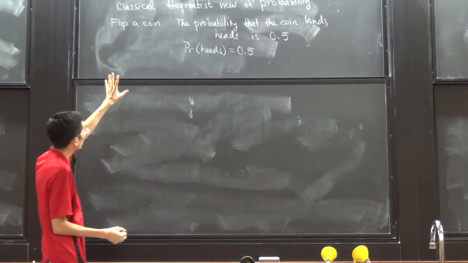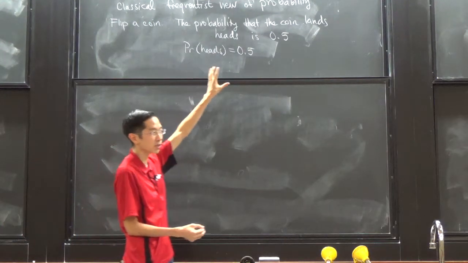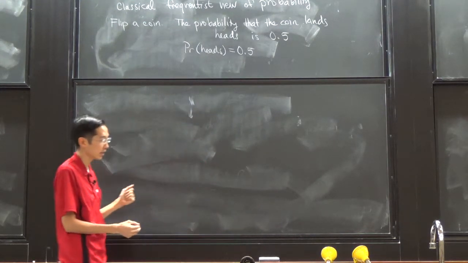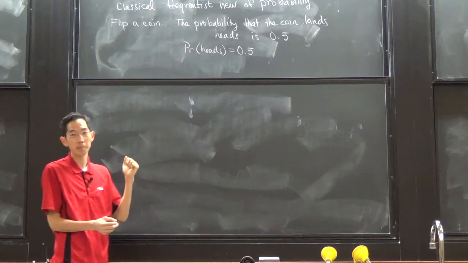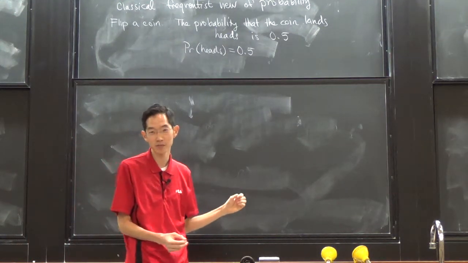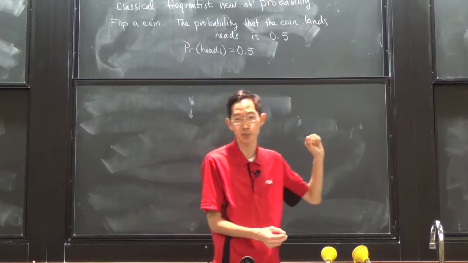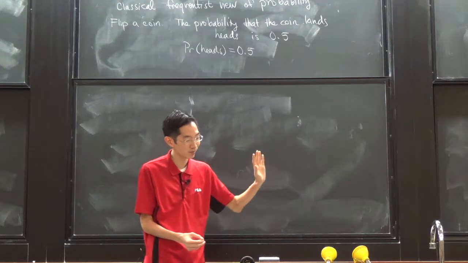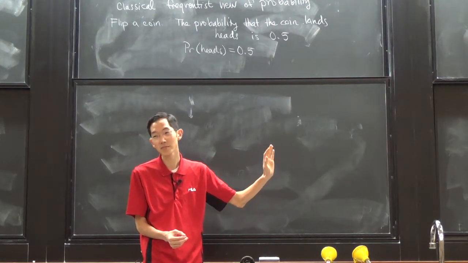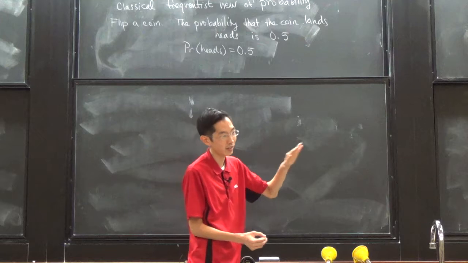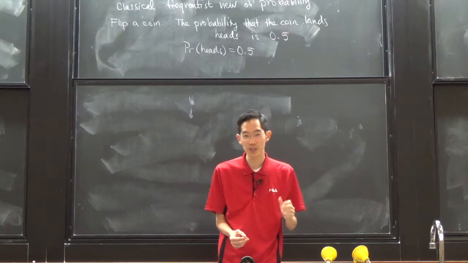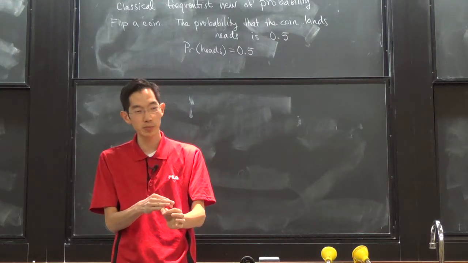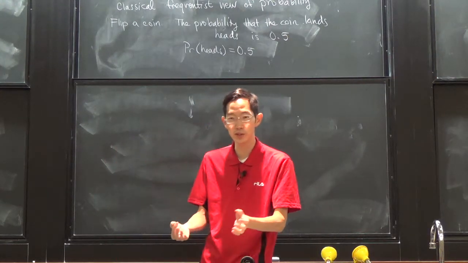When we take a classical or frequentist view of probability, what this is saying is that if I were to flip the coin many times, like a million times or a billion times, out of those million coin flips, I expect about half of those coin flips to land heads. But any one particular coin flip, I have no idea whether it will be heads or tails.